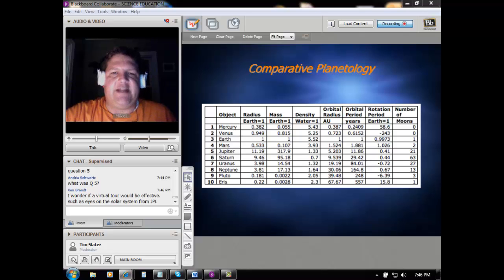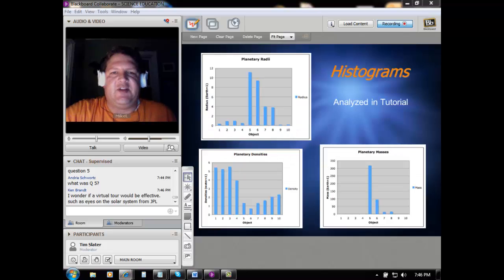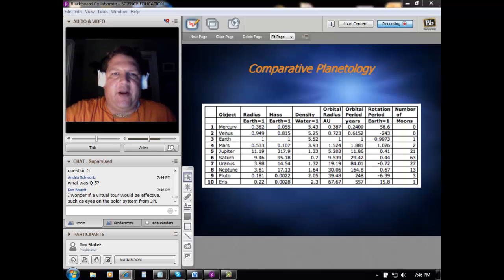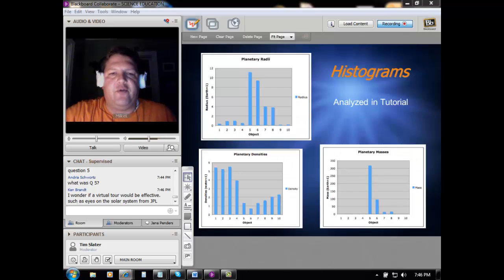But the idea of the activity is that students, sometimes we have them make them, or sometimes we just give them the bar graphs, the histograms of the data, and we walk them through comparing the data, and we try to egg them on to see if they can come up with the planetary categories themselves.